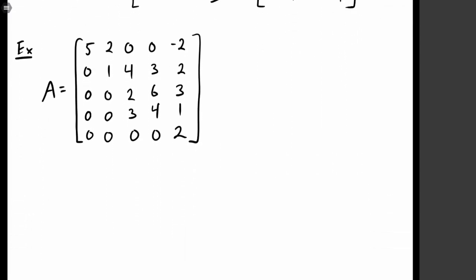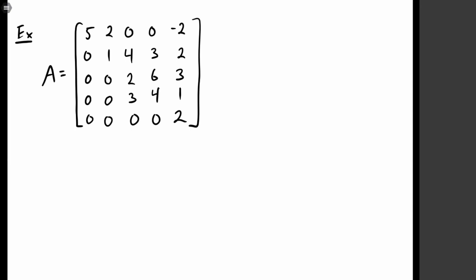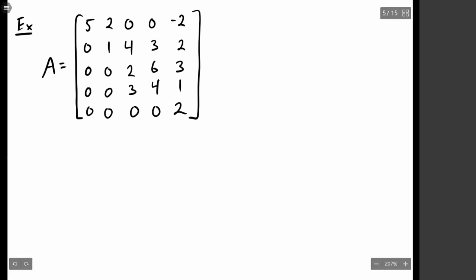So if we pick a column or a row with a lot of zeros, then we're going to get a lot of zeros in the determinant. So here, let's choose to expand upon this first column. Okay. So how is this determinant going to work out then?